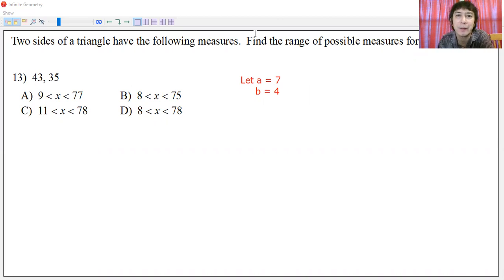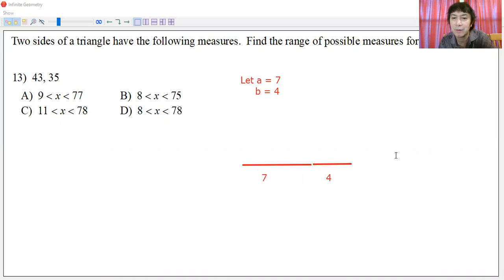Let us try using drawings. Say this is side A and this is side B, so that this side here is the longer one, which is 7, and the other one is the shorter, which is 4.